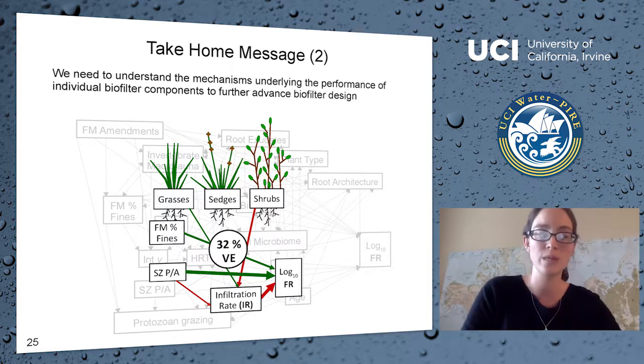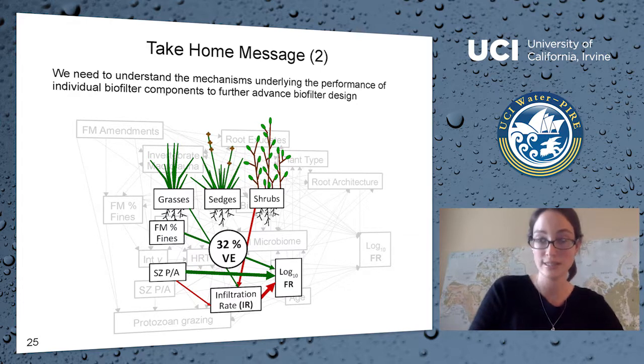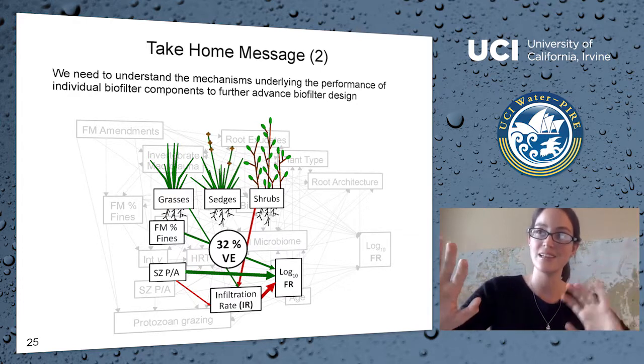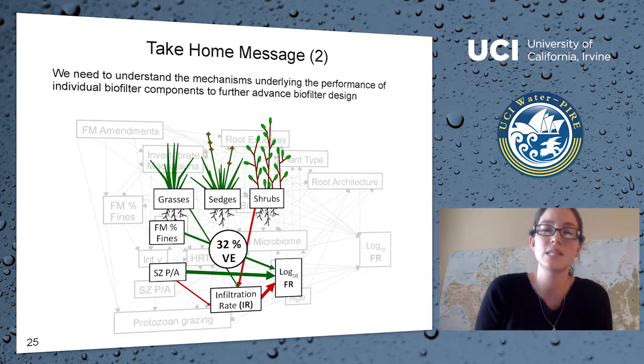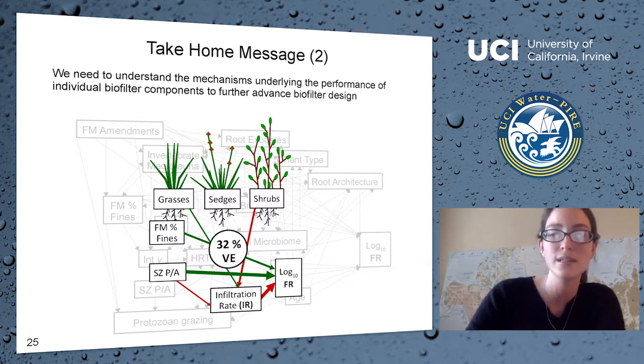That way we don't wind up with some extremely good but disconnected studies in each of these areas that we can't consolidate into a holistic evaluation of biofilter performance and the things that we really need to target to improve our removal capacity and the effectiveness of these systems in the urban environment.